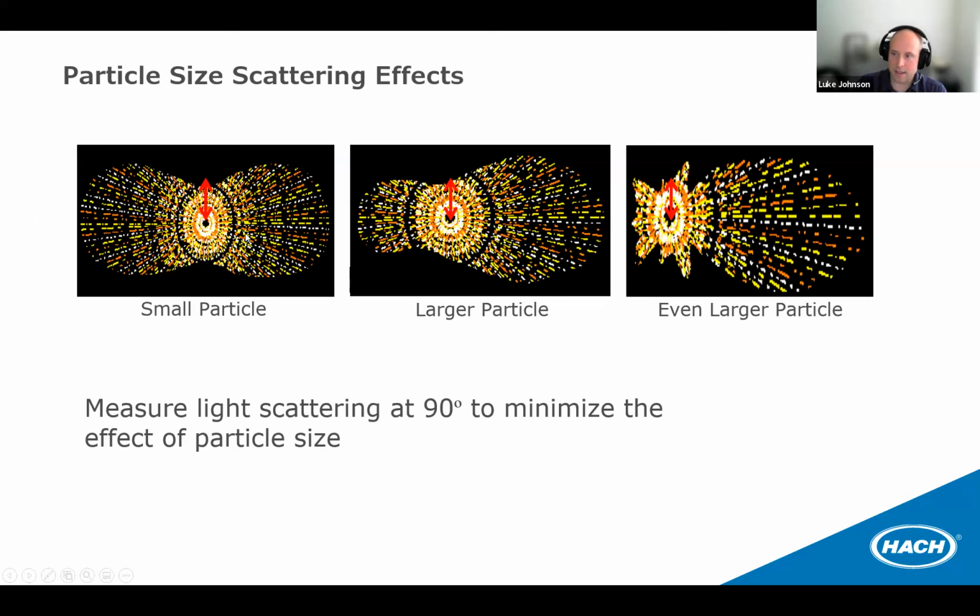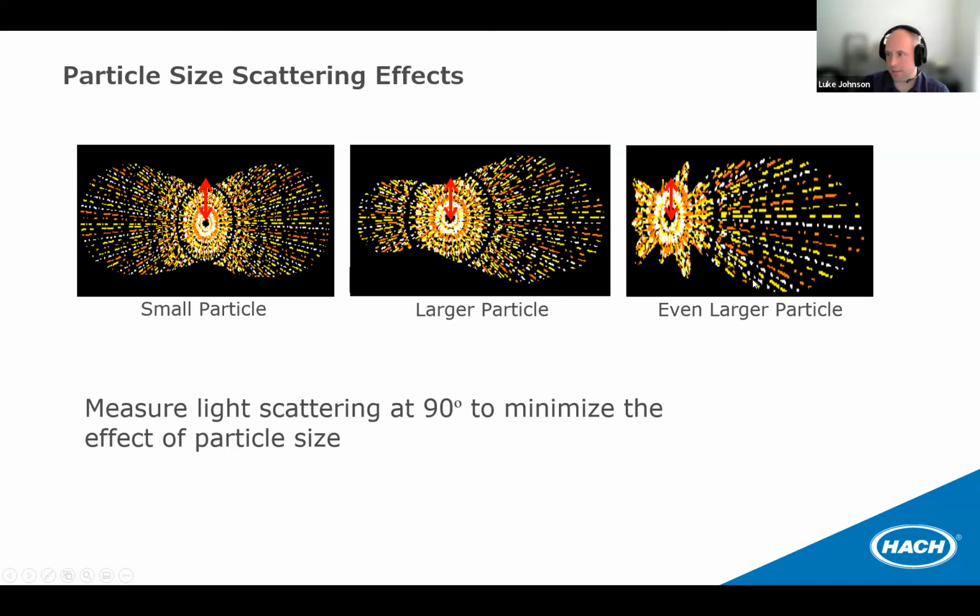You can see there's a fair amount of reflected light coming off that particle in the forward scatter direction, but also back towards the incident beam. And for a slightly larger particle, you can see even more of the light is scattered in a forward direction and less light scattered back. And then for the larger particle, even more of it scattered forward, and then these little bursts around the center here.